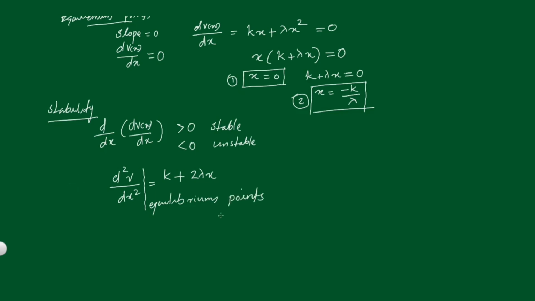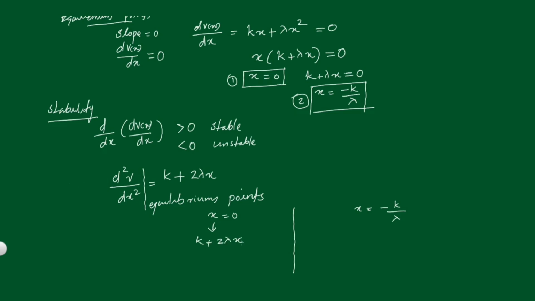Okay, so what are the equilibrium points? One is x equal to 0 and another is x equal to minus k by lambda. Now we substitute this value in k plus 2 lambda x.